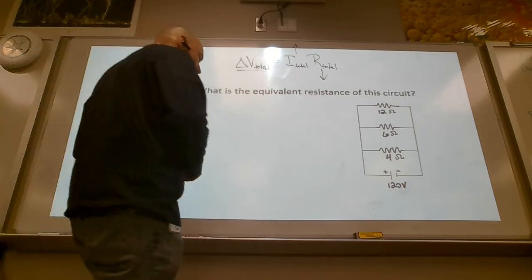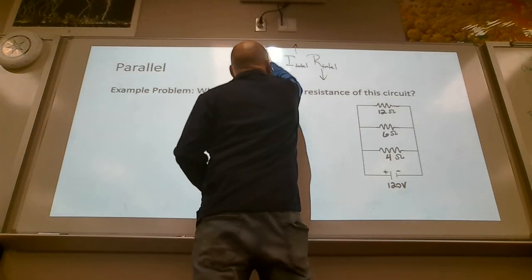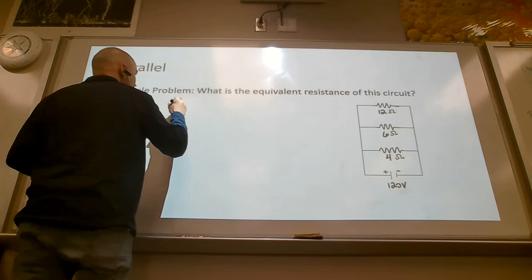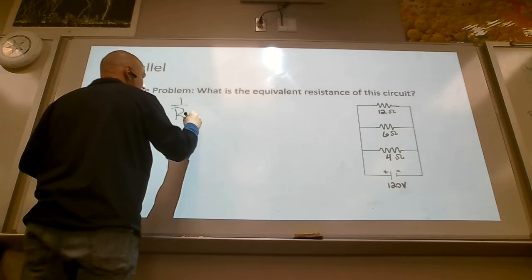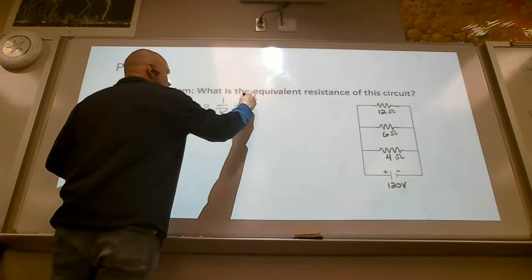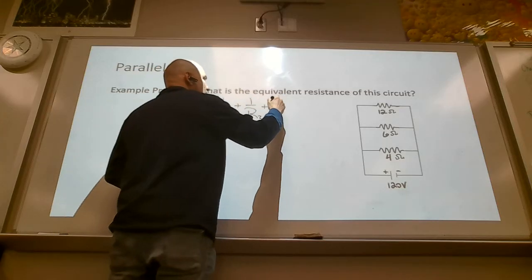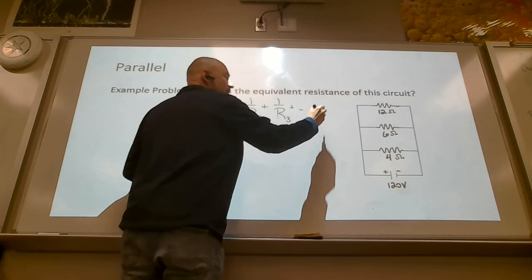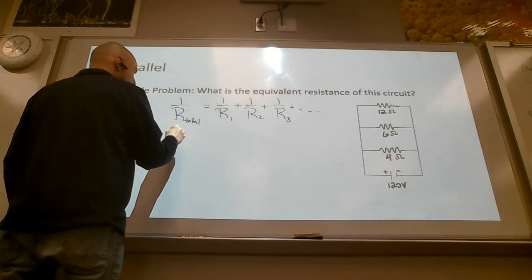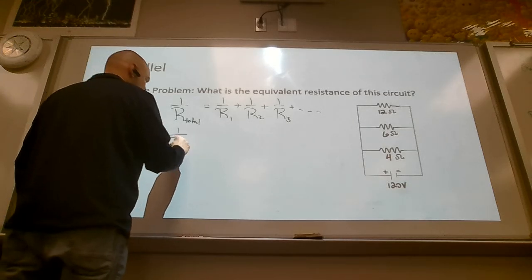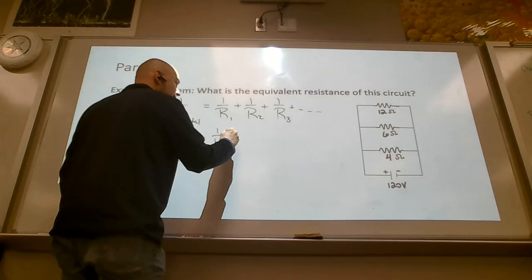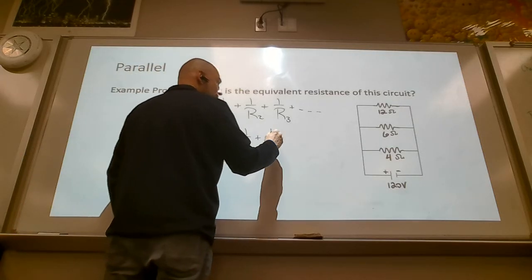All right. So mathematically, the total resistance in parallel is equal to 1 over, the total is equal to 1 over R1 plus 1 over R2 plus 1 over R3. Yes, from the pre-quiz? Okay? So, check this out. Total resistance is equal to 1 over 12 plus 1 over 6 plus 1 over 4.